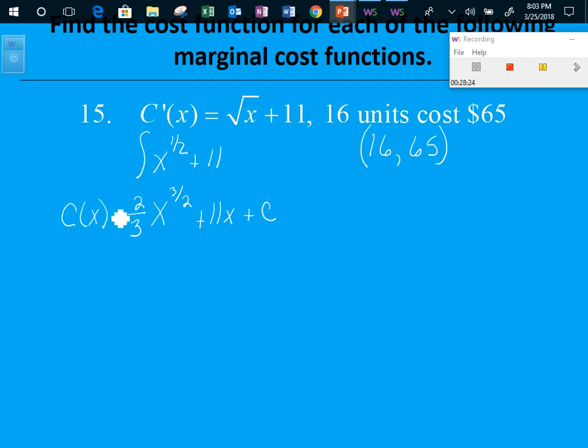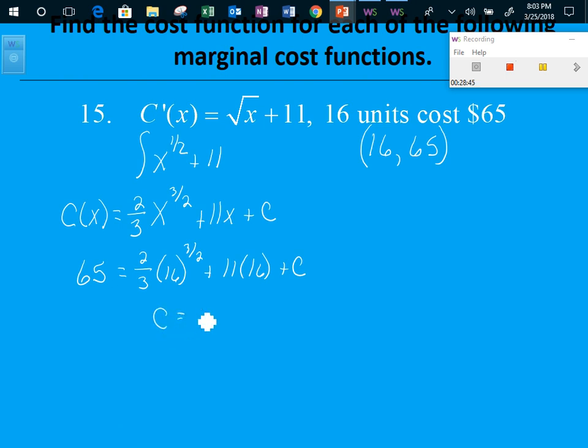C of x equal. Now, let's plug in 65 for c of x, and let's plug in 16 for my x. And then if we solve this for c, I've already done that for us, guys.